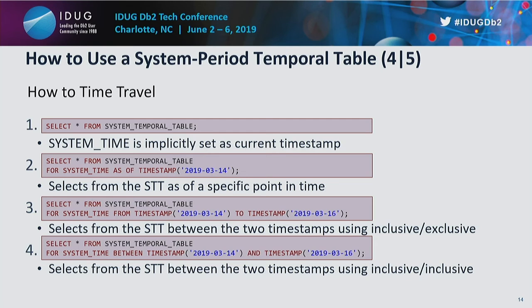The next option is getting your system time between two timestamps, from timestamp to timestamp, and this uses the inclusive-exclusive method. The next option is system time from two values, where it uses inclusive-inclusive.